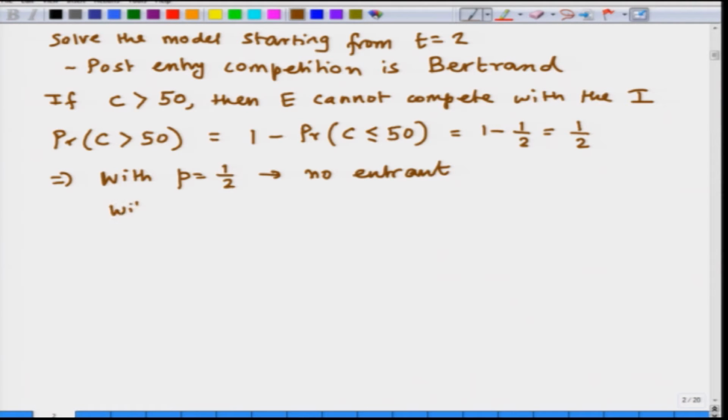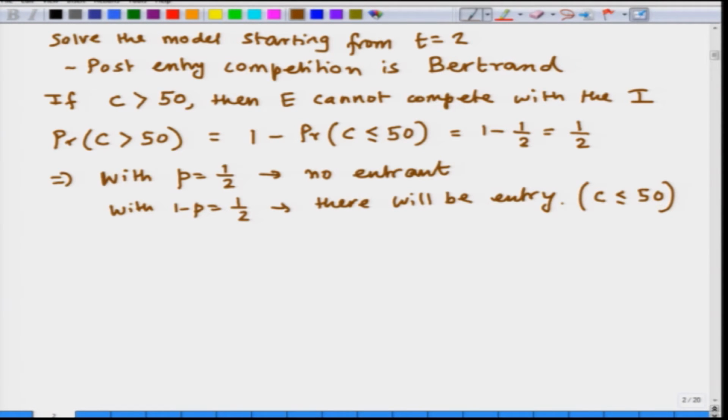With the other probability 1/2, there will be entry, and this corresponds to the case where the marginal cost of the entrant is less than or equal to 50, right.